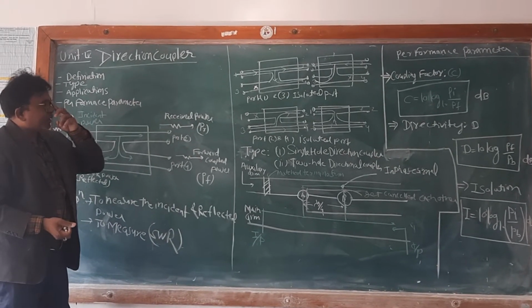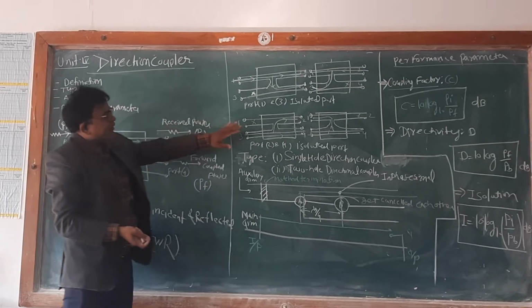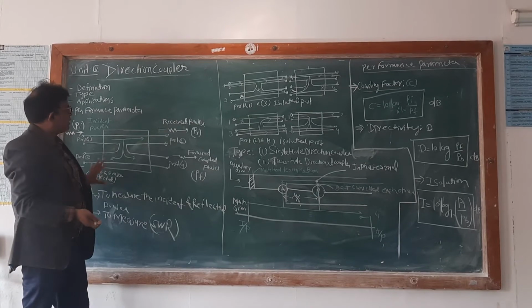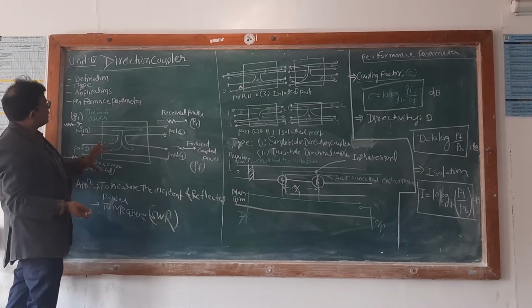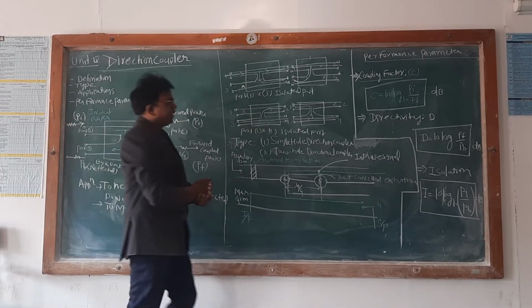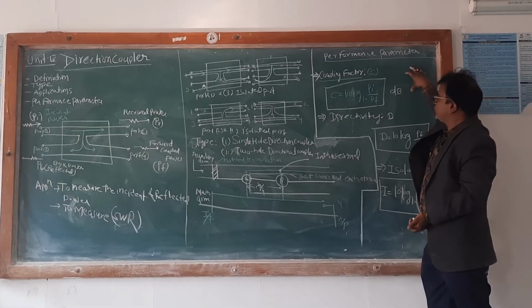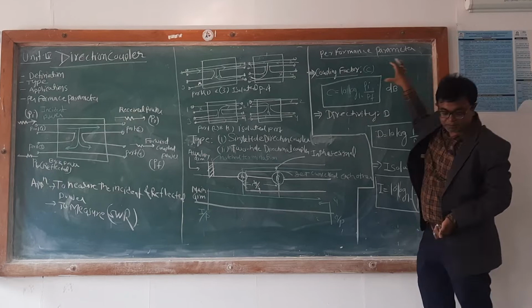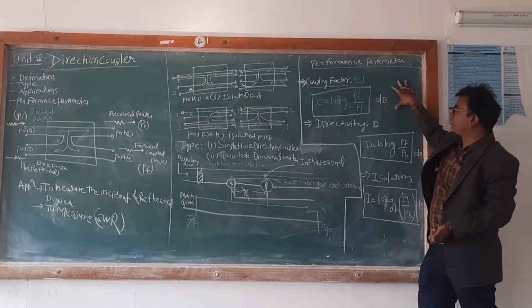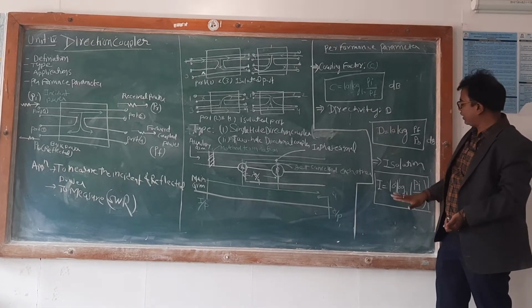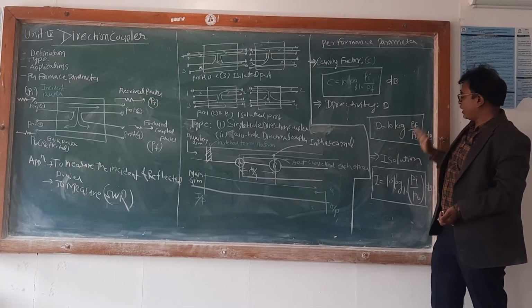Now let us see the measuring parameters. What are the performance parameters for this single hole or breadth type directional coupler? Three important parameters are used to identify the performance of the directional coupler. First is the coupling factor, second is the directivity, and third is the isolation.